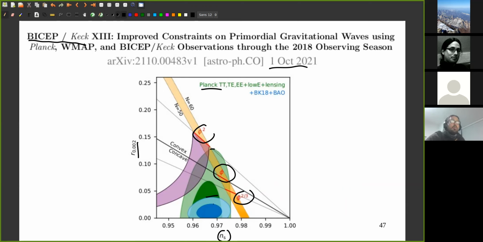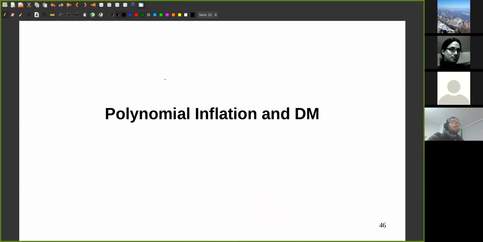I think this corresponds to 1 and 2 sigmas, if I remember correctly. They were all outside this preferred region by BICEP, Keck, and Planck. So if monomial inflation is under tension, the natural next step beyond monomial is polynomial inflation. So we are happy, and I have put a smiley face here.